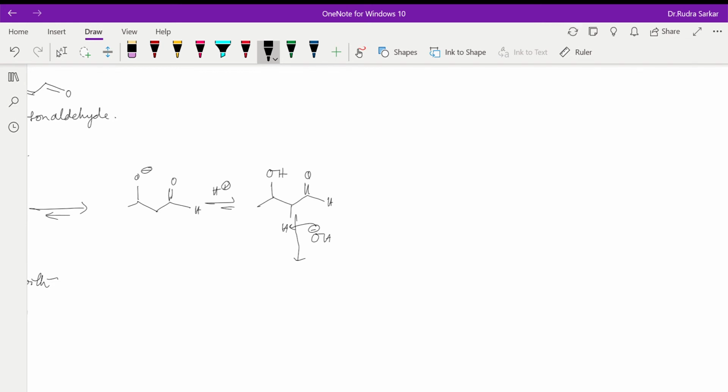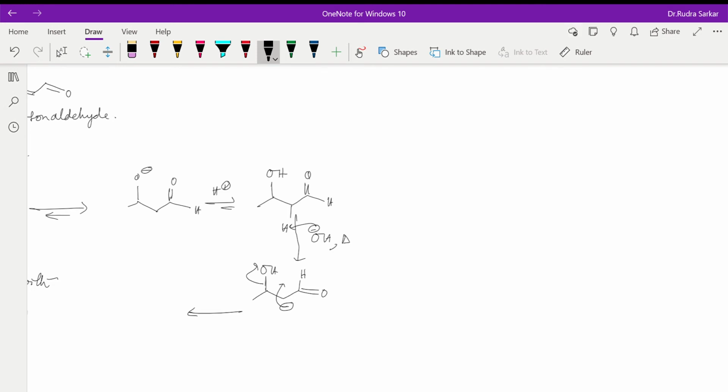Now this in presence of a base, the proton will be abstracted. Okay, which leads to the formation of anionic species. Okay, now forming a pi bond, this goes away.